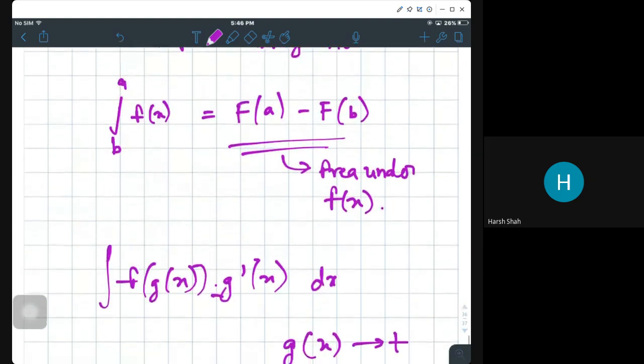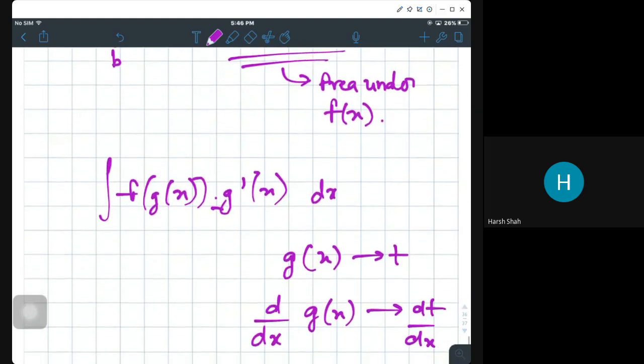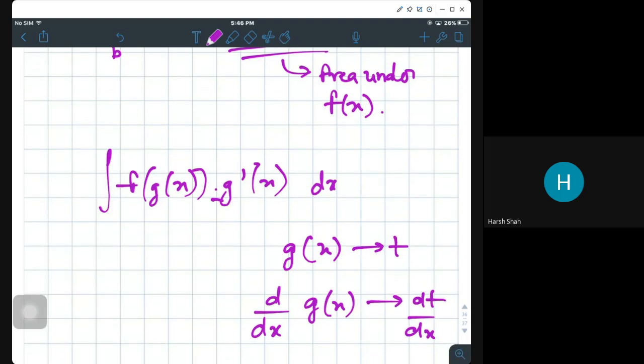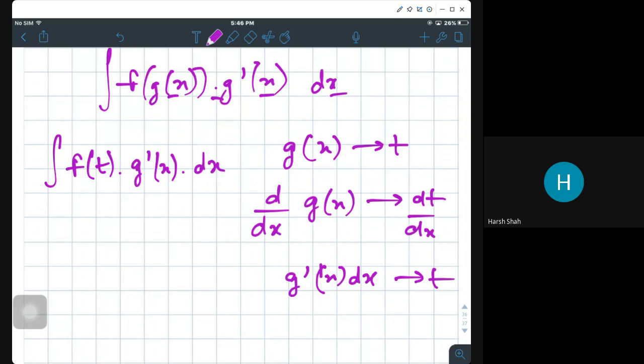One thing you keep in mind is when you integrate, you only have a single variable. If it is x, it is all x. If it is t, it is all t. So this is f t into g dash x into dx. But I don't want this. I want dt here, and I want something of t.